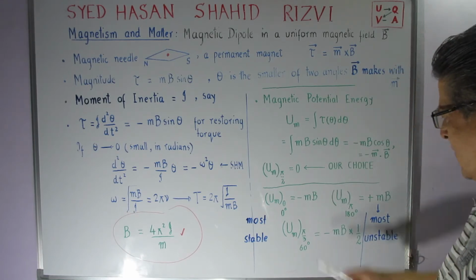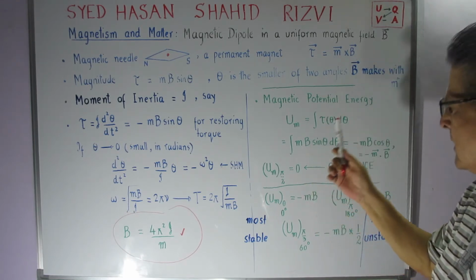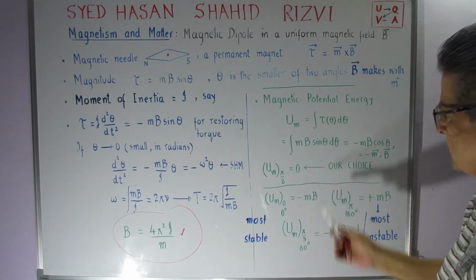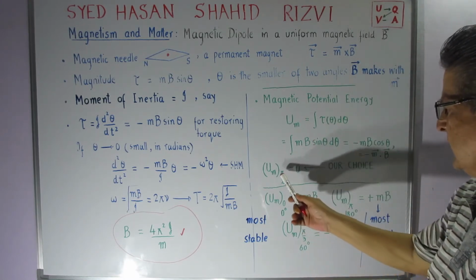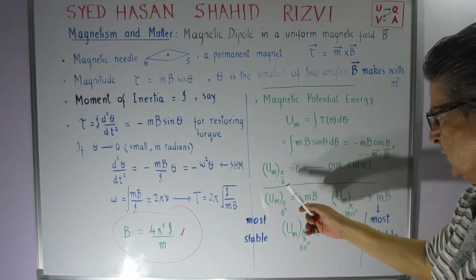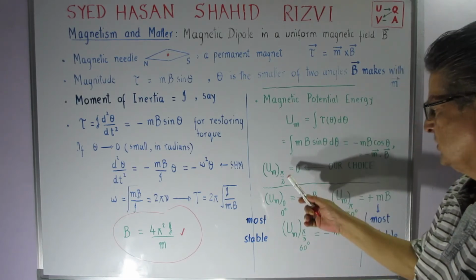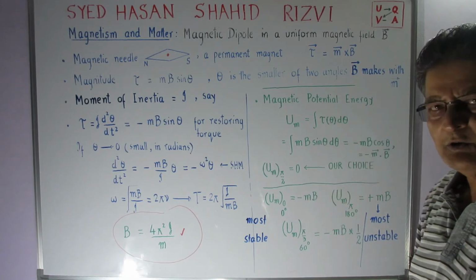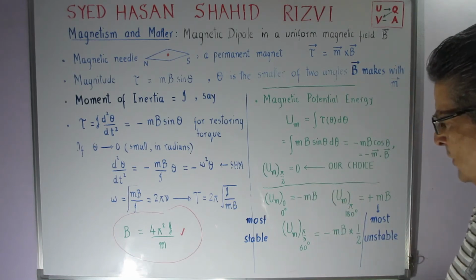All people take this choice, you will take this choice, that when the angle theta is pi by 2, then Um is equal to 0. This is our choice.